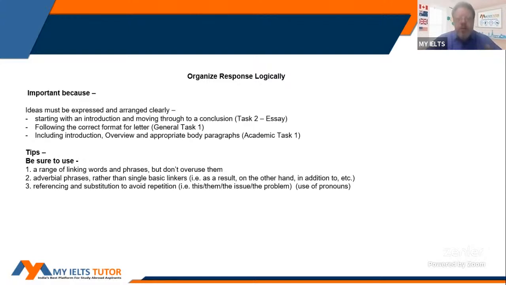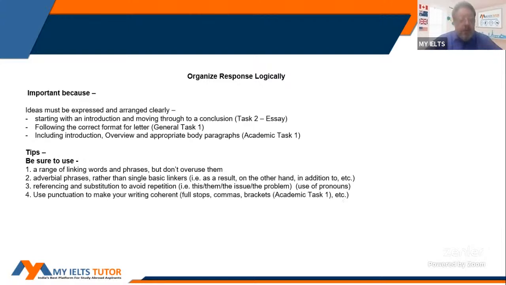You want to use different words when you're talking about the same thing throughout, say, a paragraph, okay? So that's important. And that's an important aspect of cohesion, Esha.